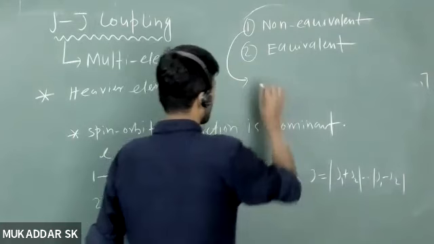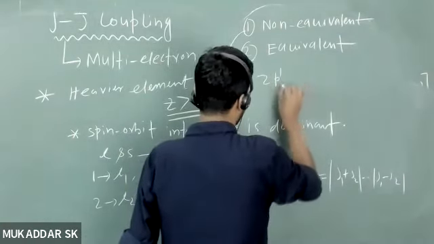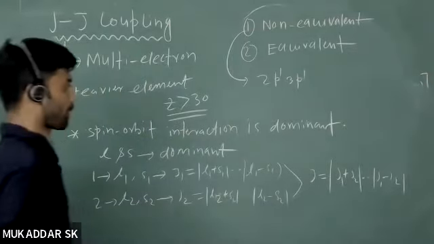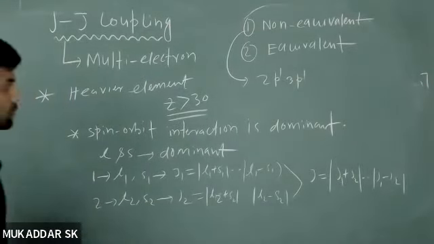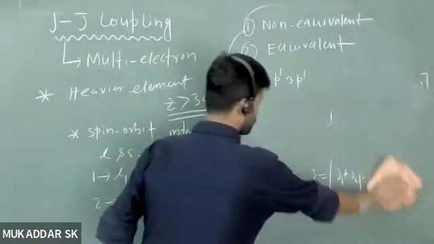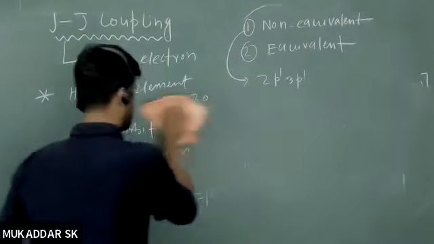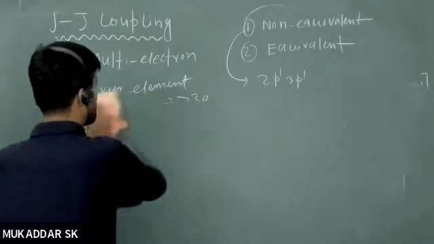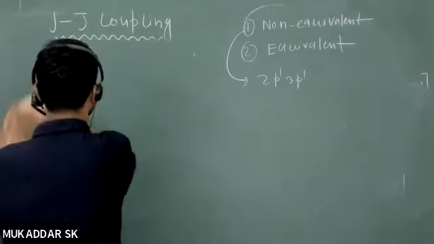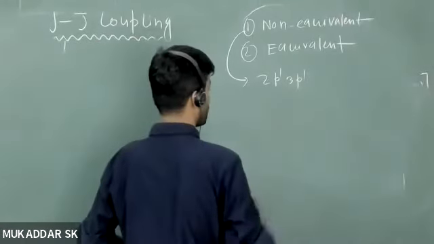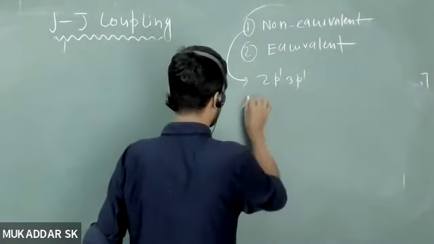So let us take electrons 2p1 and 3p1. For 2p1, let us take the orbital part.